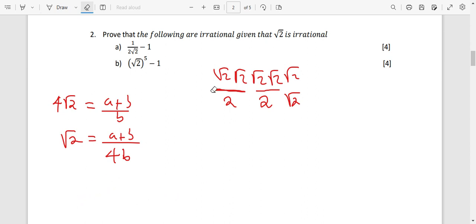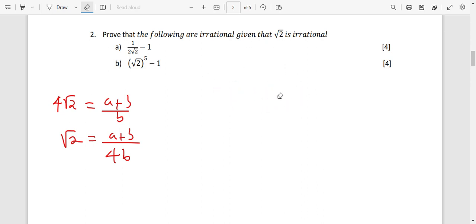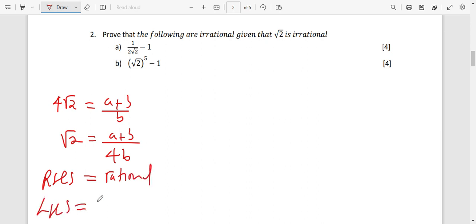And then from here, we can make a conclusion. On the right hand side, we have a plus b over 4b. a plus b is an integer, 4b is an integer, meaning that the right hand side is what? Rational. And then the left hand side is what? Irrational.